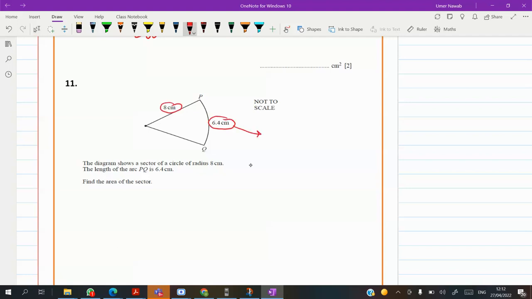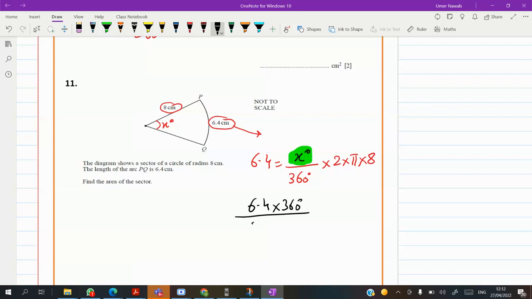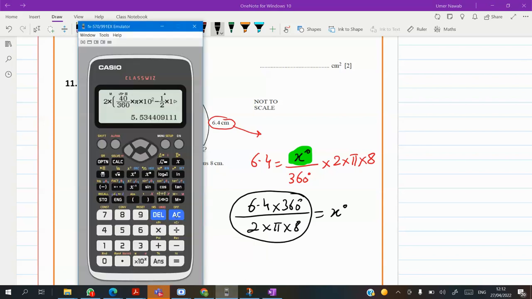So what I'm going to do, arc length 6.4 is equal to x divided by 360 times 2 pi, and the radius is 8. Send everything to the other side to get x as the subject. So 6.4 times 360 over 2 times pi times 8. This is my x. So let us try to get x.